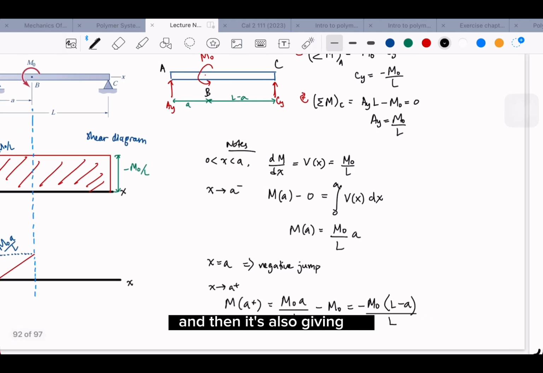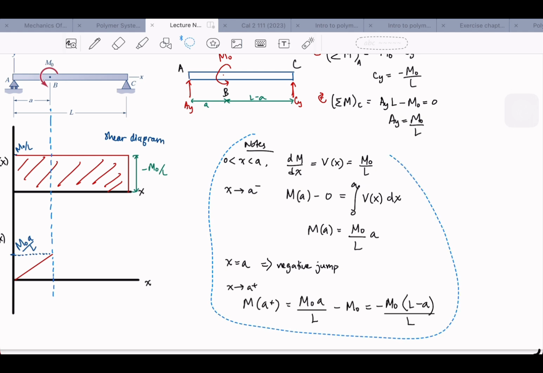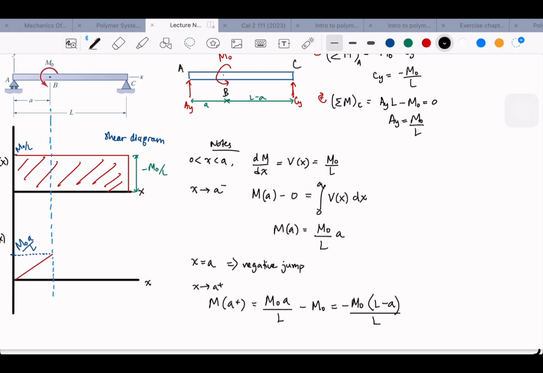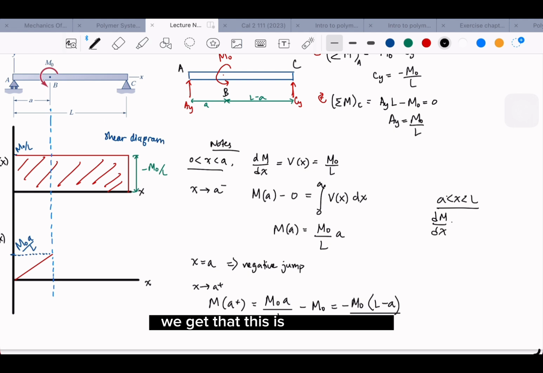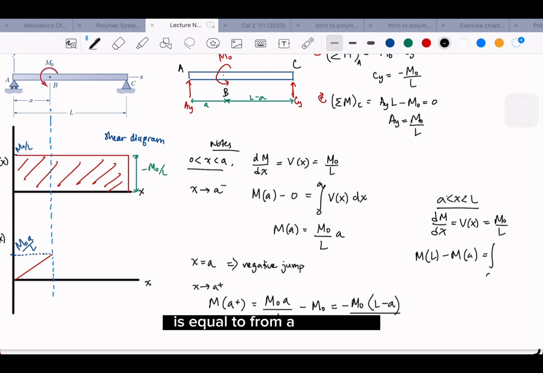And then it's also giving us, let me write a little bit to the left there. And then at the A to L, we get that this is also a constant, right? And then we can write with calculus is equal to from A to L V dx, right?